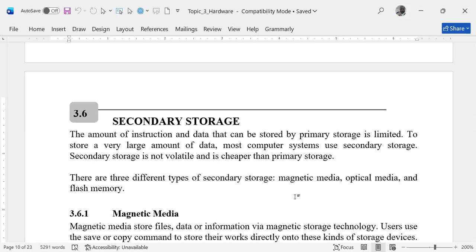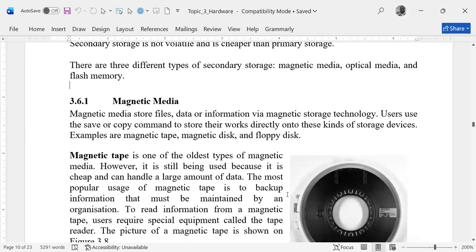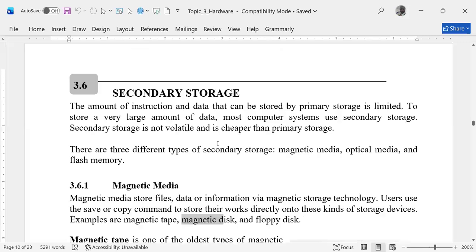The magnetic media is one of the oldest, and consists of magnetic tape, magnetic disk, and floppy disk. We remind that the secondary storage device consists of 3 types: magnetic media as one category, optical media as another, and flash memory as another.